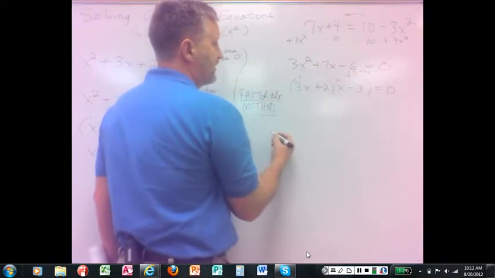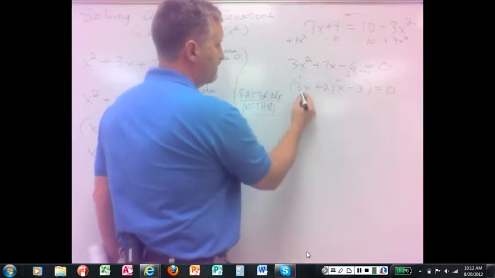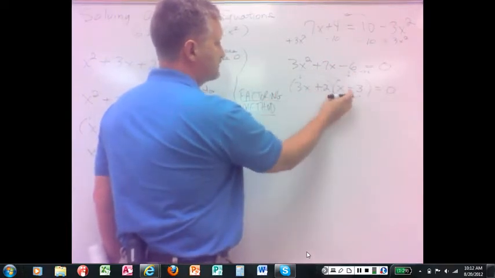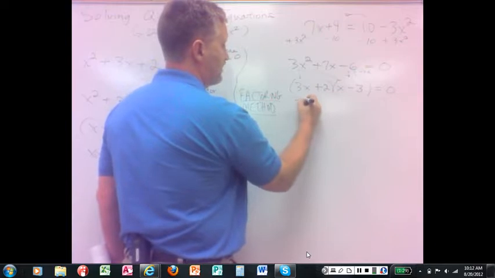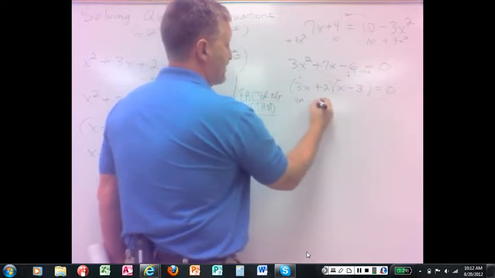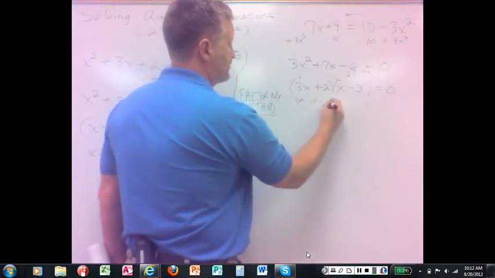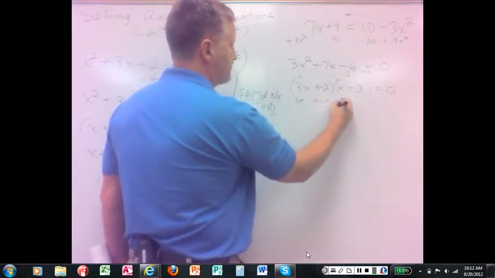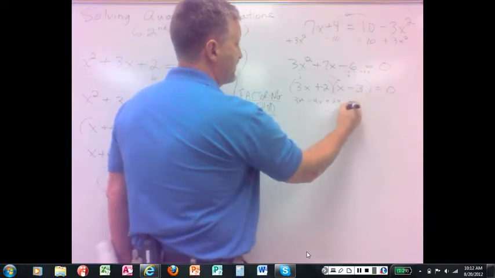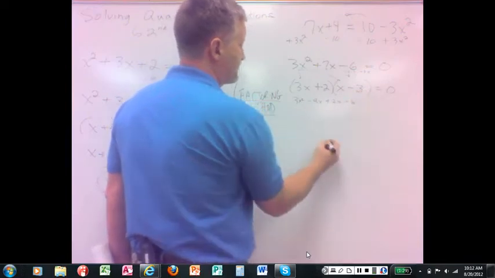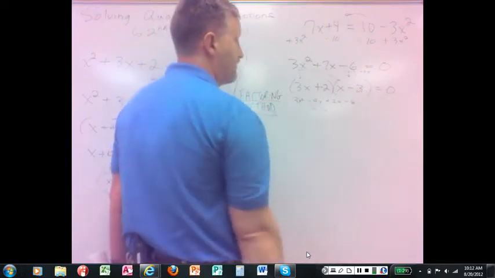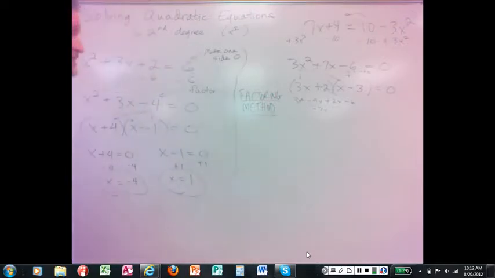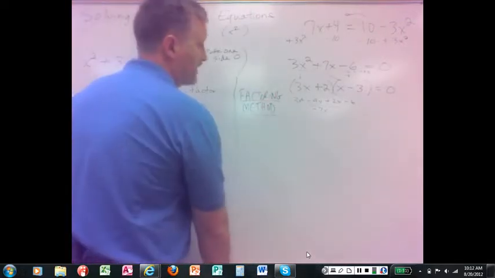And if I FOIL this out, here's what I get. 3x times x is 3x squared. 3x times minus 3 is minus 9x. 2 times x is positive 2x, and then 2 times negative 3 is minus 6. And those two will be the ones that combine. Uh-oh, I get minus 7x instead of positive 7x. So you have to make some adjustments, try different things. This one isn't quite it.